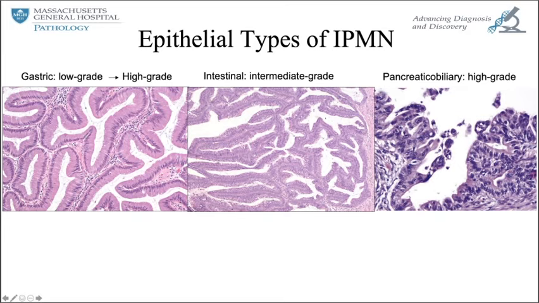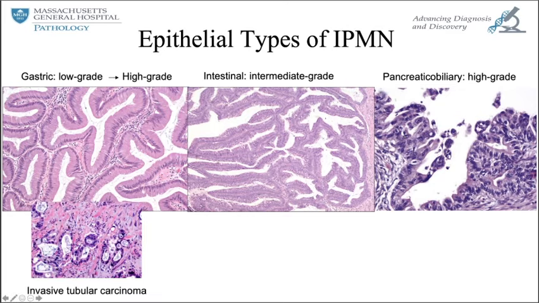Now, these are all premalignant cysts, but they have malignant potential. In other words, all of them can be associated with an invasive carcinoma, which is why we need to monitor them and figure out where they are in their degree of atypia and their risk for developing invasive carcinoma. Now, gastric type leads to invasive tubular carcinoma, which is the same bad prognosis as conventional ductal adenocarcinoma of the pancreas.